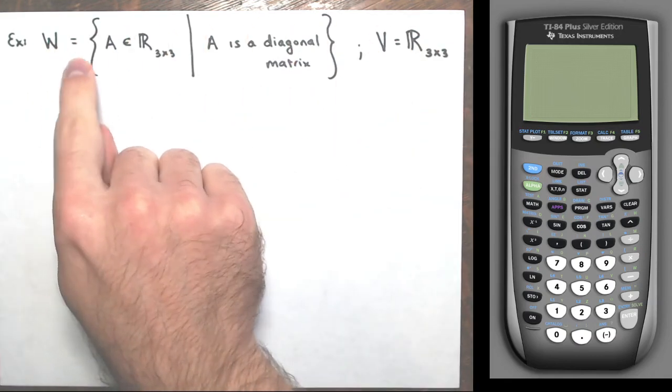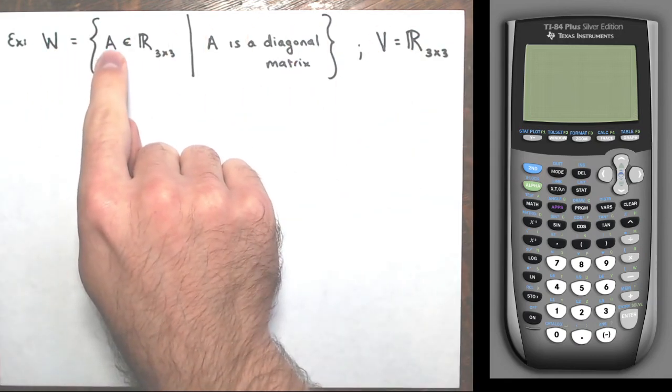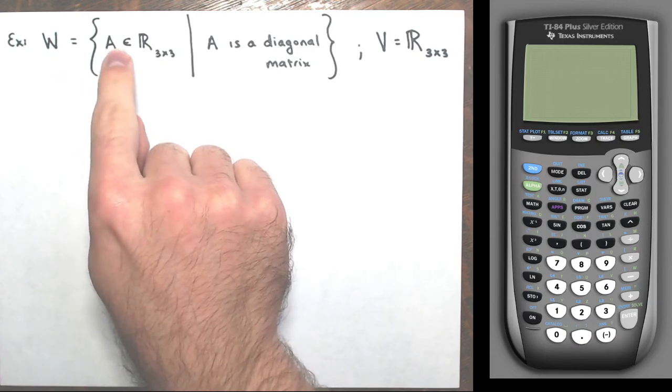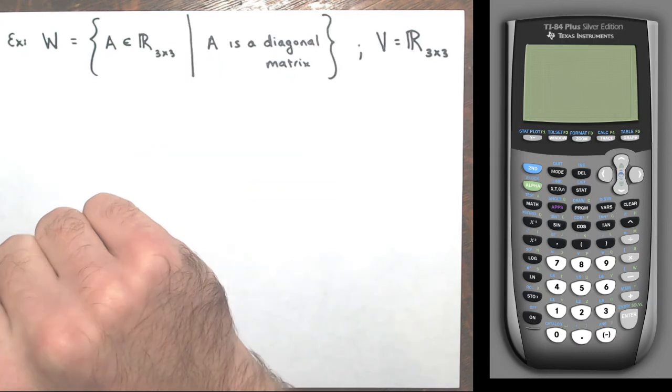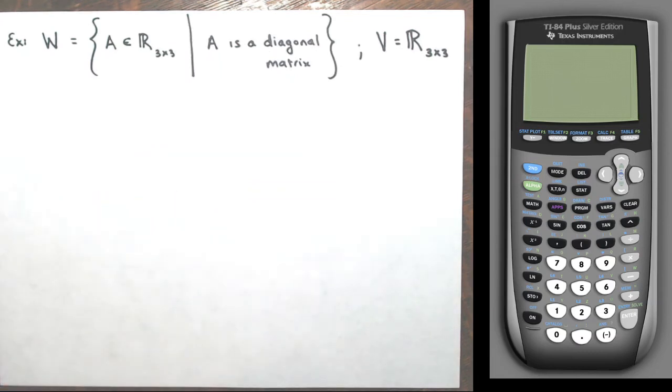W here is the set of all 3 by 3 matrices A such that A is a diagonal matrix. Now remember, a diagonal matrix: basically every entry that's not on the main diagonal is 0.